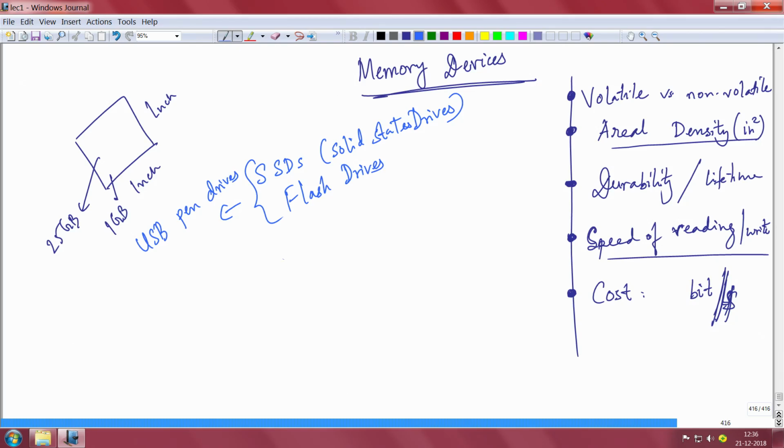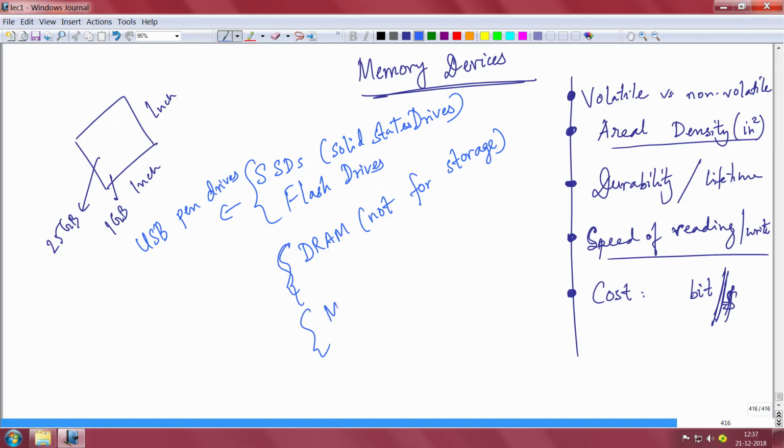And of course the second one is DRAM, and DRAM is not for storage, by the way. This is for computer booting up, where you store the cache and all files, right. DRAM is not for storage per se, but it's for computer booting up, and we call it dynamic random access memory.